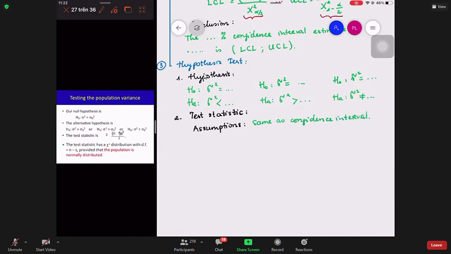Okay, so the population must be normally distributed, and we have a random sample. After we check the assumption, then we have the test statistic here: chi-square equal to n minus 1 times s squared divided by sigma square, with df equal to n minus 1.